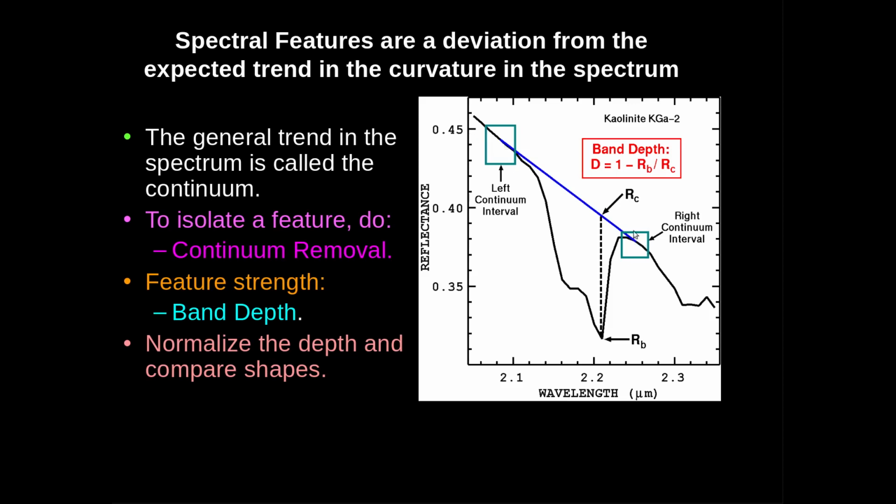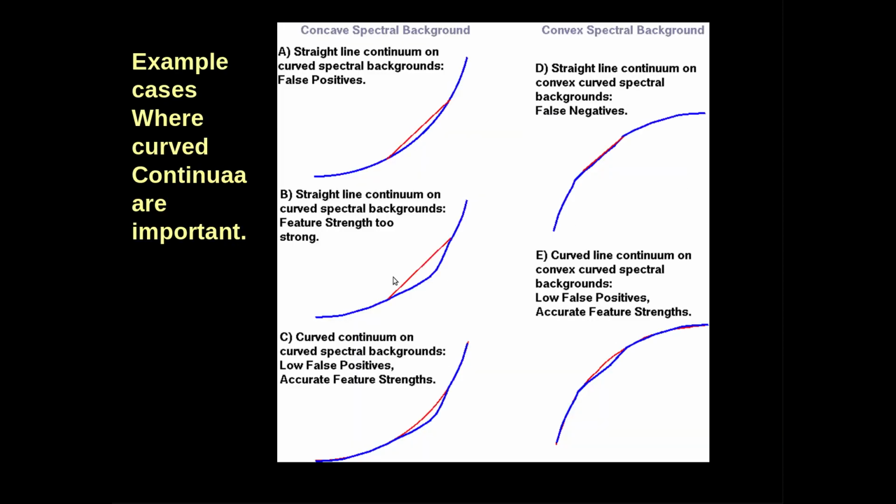So once we get the continuum and remove the continuum, we derive the band depth with this equation. In a curved continuum, if we use a straight line, we'll get a false positive. So for example, between these two, here there is a little feature on another curved continuum.